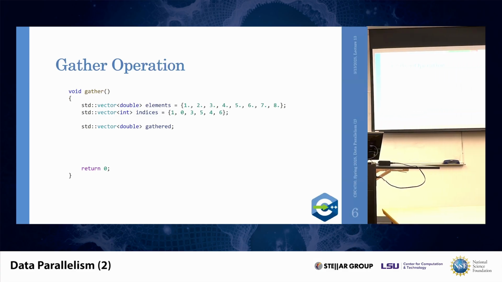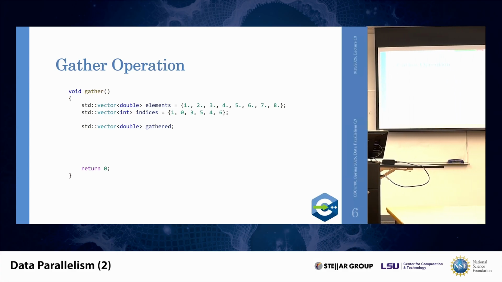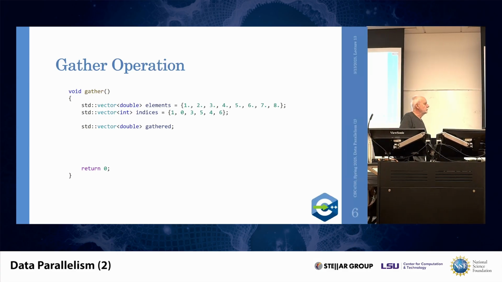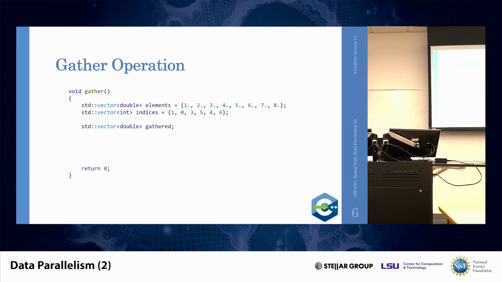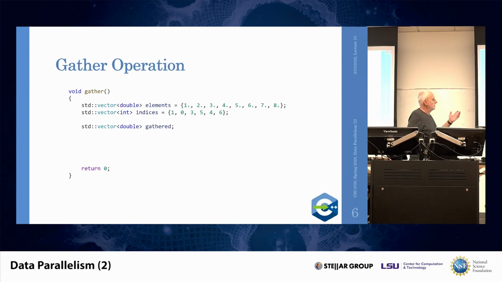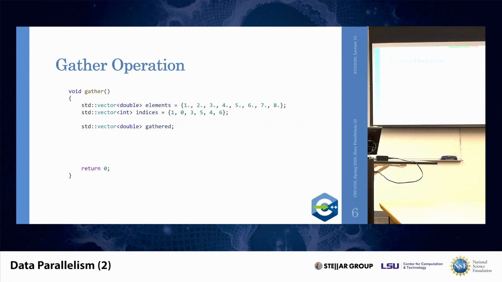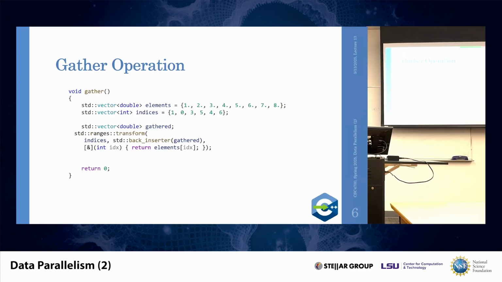I just created a small example where I want to have 8 input elements, 1, 2, 3, 4, 5, and a couple of indices, 6 indices in that case. And I want to create an output array, which I call gathered, that contains the corresponding elements based on the indices in the output.